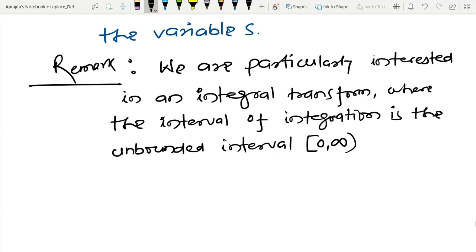So I am assuming that in f(t), t is interpreted as time, and time is only positive. Due to that reason I am going to talk about the integration from 0 to infinity.